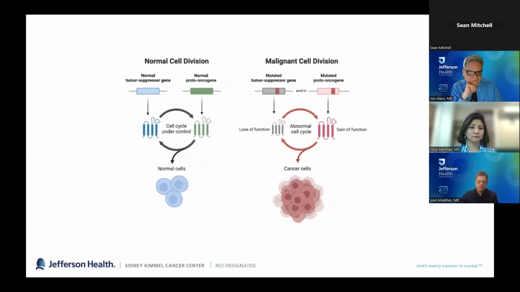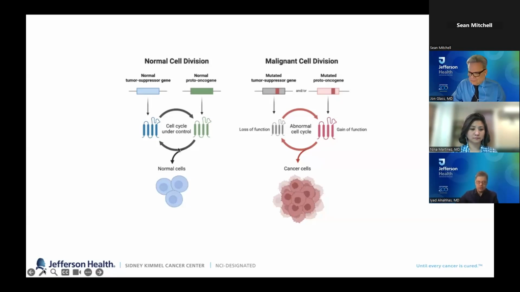From the name, these are the genes that put the brakes on the cell cycle, telling the cells to slow down, to stop proliferating, not to give daughter cells, as opposed to oncogenes, which are the opposite genes. This is the gas, the genes that tell the cells to go ahead and give daughter cells and proliferate.